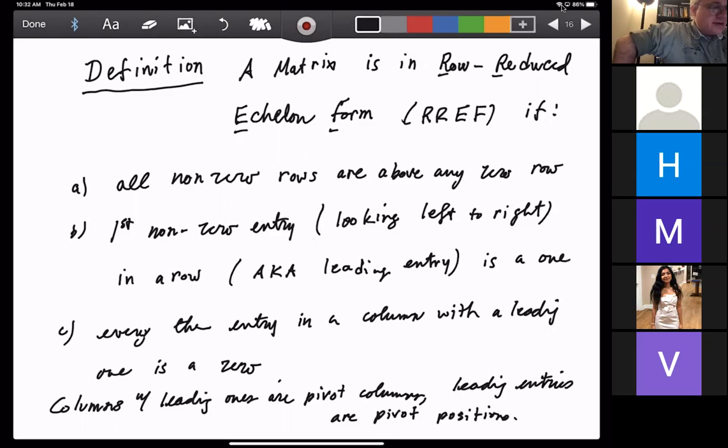We're good, okay. I have a quick question. Sure, go ahead. For that bullet point C, how does that read? Oh, what does it say? Every other. Okay. Sorry, I think I must have brushed against the text and smeared it. Every other entry in a column with a leading one is a 0. Okay. Everyone set? Does anyone need more time?